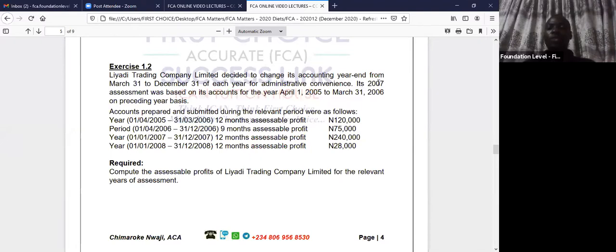They say its 2007 assessment was based on its account for the year April 1, 2005 to March 31st, 2006. This is 12 months assessable profit. Now, how do we know? The account is ending in 2006. So we know that it is 2007 year of assessment.